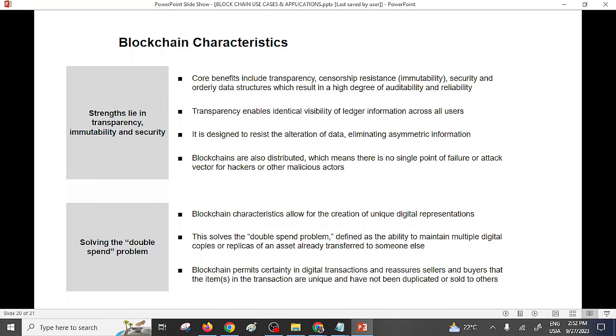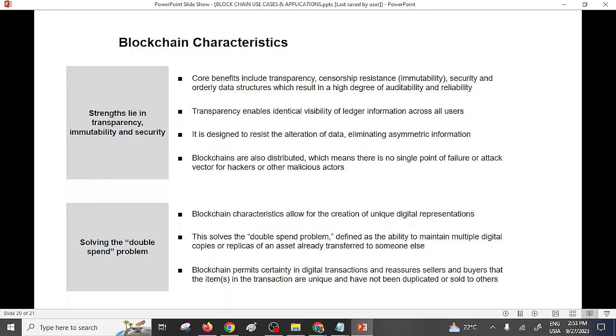So any interference with a particular ledger must catch the attention of all connected nodes. If you are a hacker, for example, and you want to change a particular transaction, you need a consensus of 50 plus 1 blockchain members, or what we refer to as nodes. That's where the name immutable comes from. So it's very, very hard to really change any part of the blockchain, right?